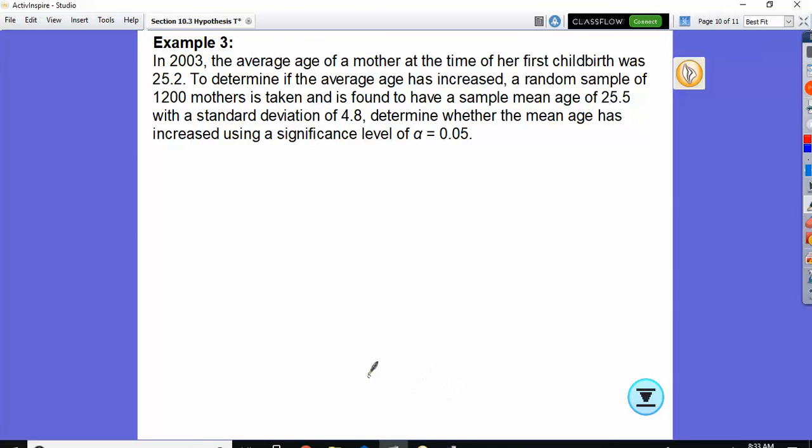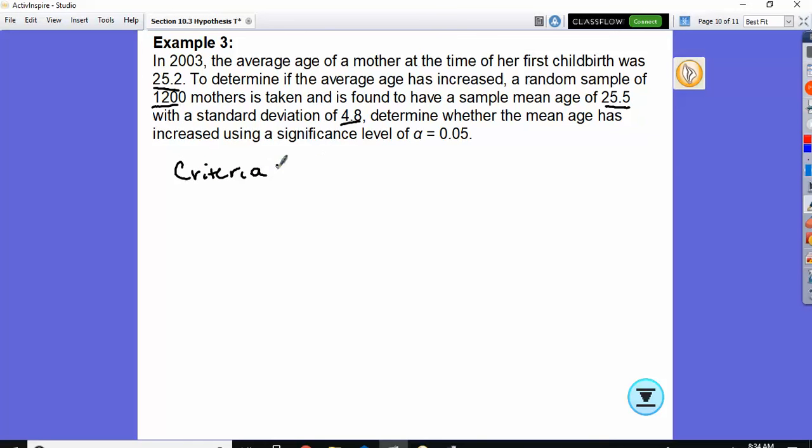So in 2003, the average age of a mother at the time of her first childbirth was 25.2. To determine if the average age has increased, a random sample of 1,200 mothers is taken and is found to have a sample mean age of 25.5 with a standard deviation of 4.8. Determine whether the mean age has increased using alpha equals 0.05. So first of all, can I assume this is normal?